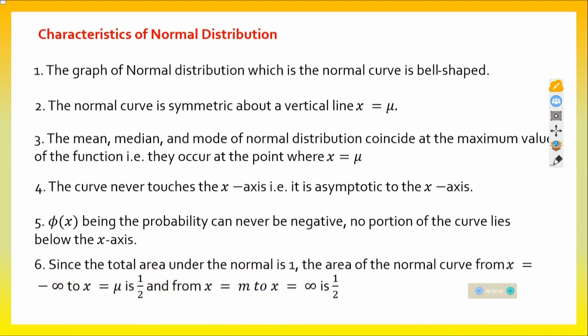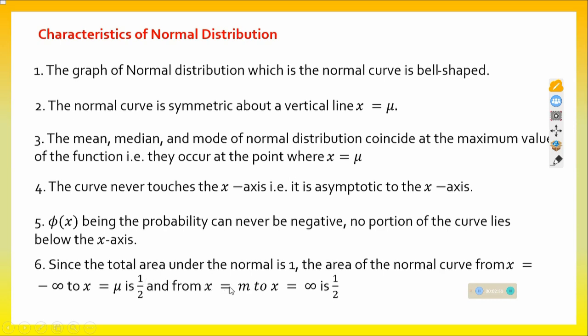And lastly, since the total area under the normal curve is 1, it means that the area of the normal curve from x equal to negative infinity to x equal to mu is a half.